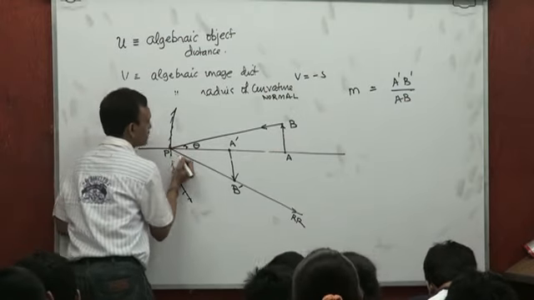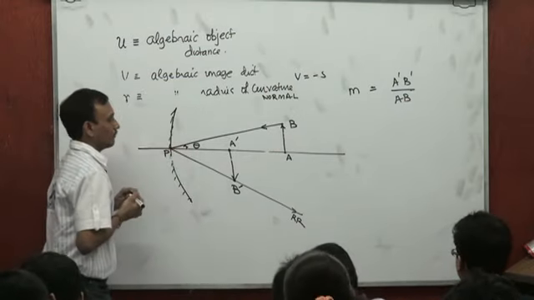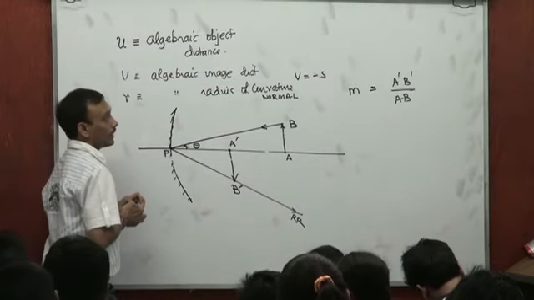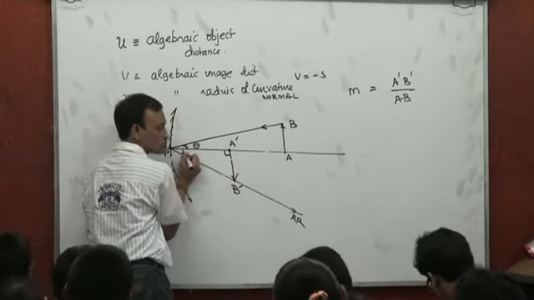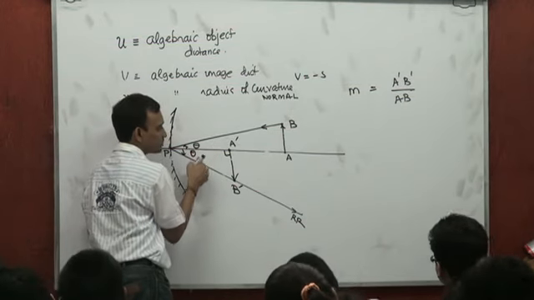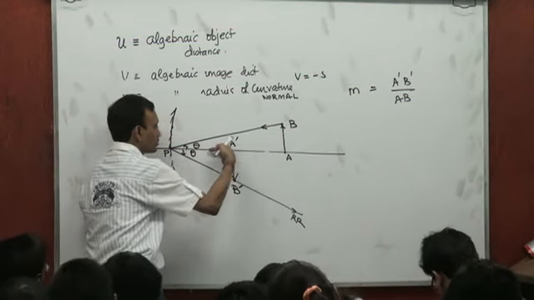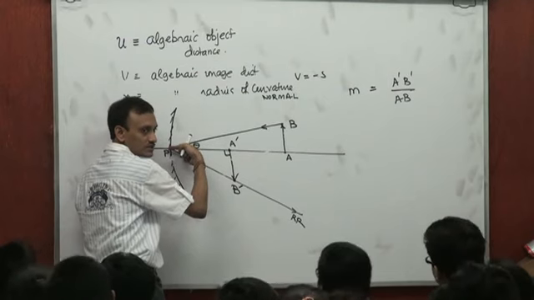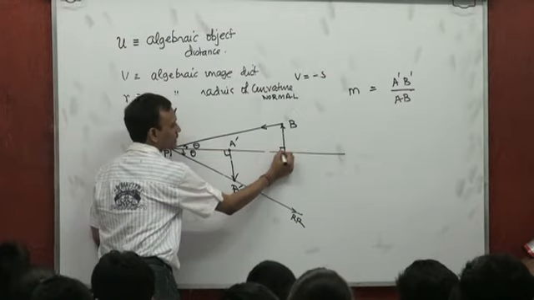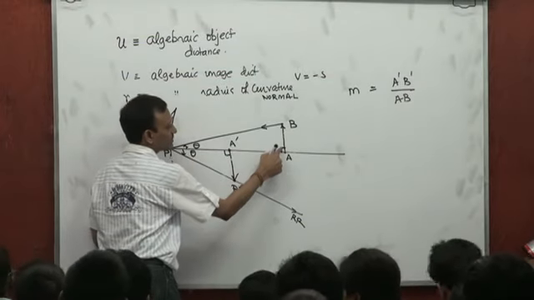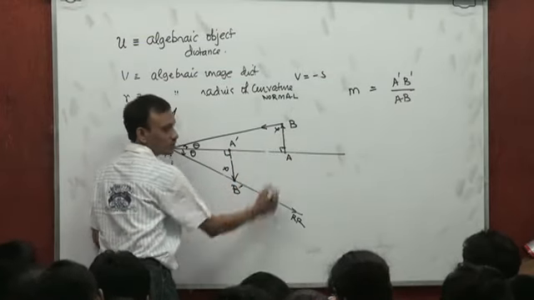So this is P, and these two triangles are similar. Do you realize? This angle is theta. This is also theta, angle of incidence equals angle of reflection. This is the normal at the point of incidence, right? So this triangle is similar to this triangle, because this is 90 degrees, this is 90 degrees, so this angle equals this angle.